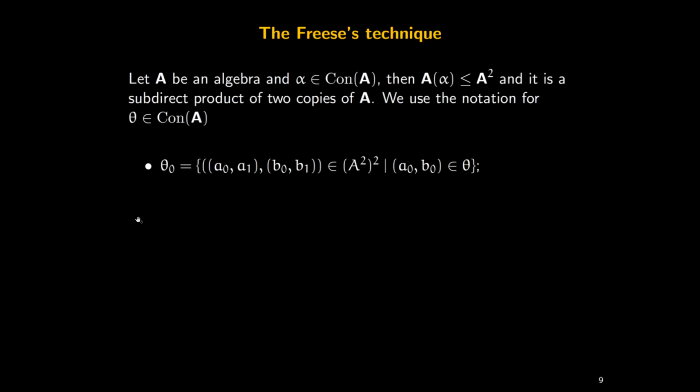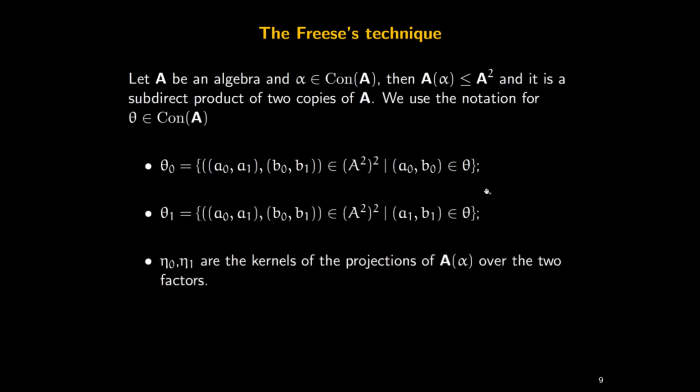I will use this theta_0 notation for the factor congruences, the congruence where (a0, a1), (b0, b1) are related when a0, b0 is in the original congruence theta of A. Same with theta_1, the second component. And also I will use the eta_0, eta_1 notation for the kernels of the projections over the two factors of A_alpha.